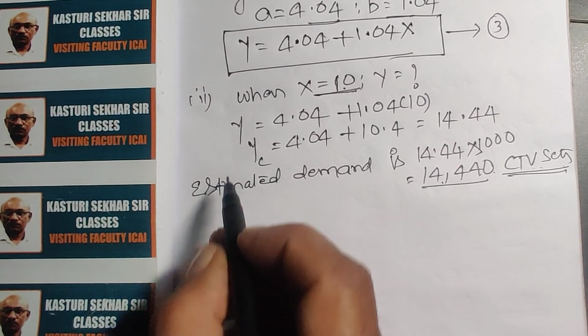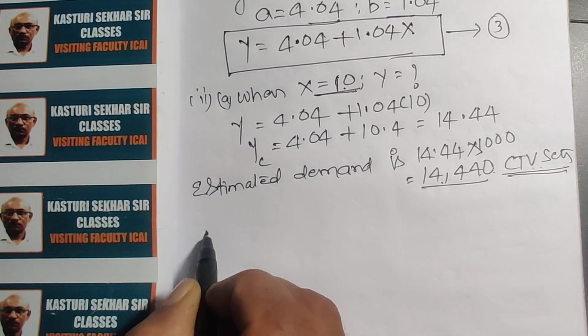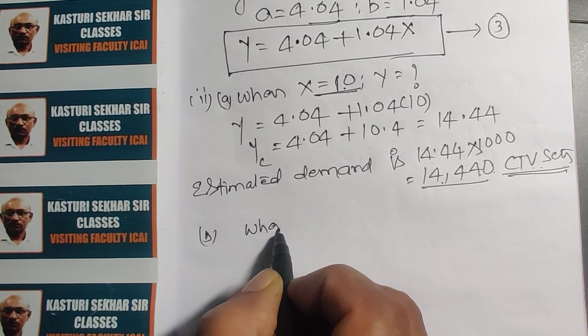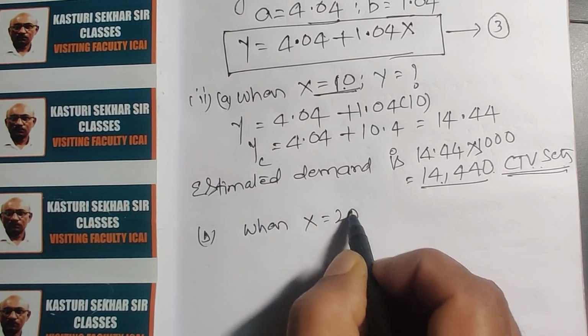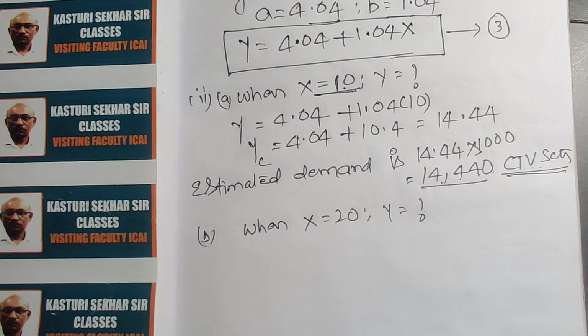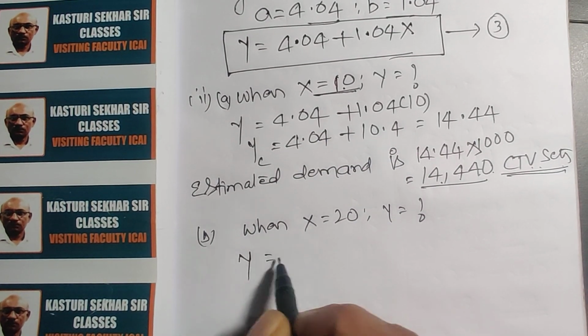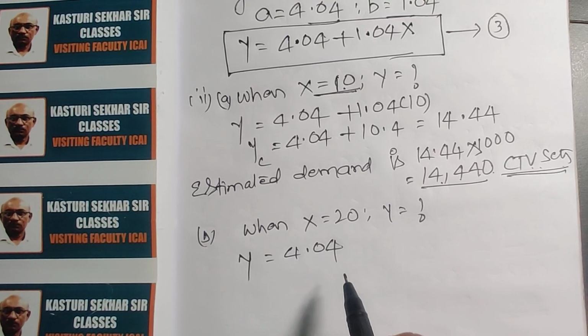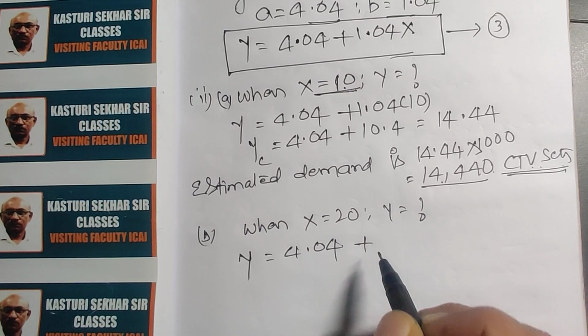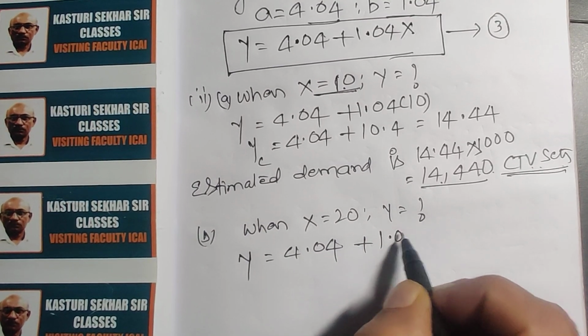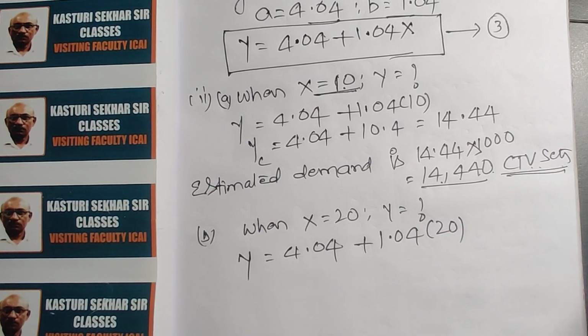Now let us see the next part. When x is equal to 20, y is equal to question mark. Substitute here. Y is equal to 4.04 plus 1.04 into 20.